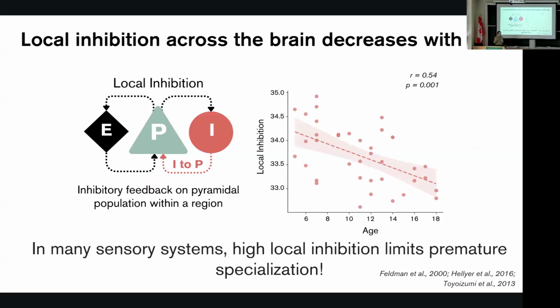We look at the local dynamics in our system as well, and we see that actually local inhibition reduces with age. And this is interesting because in many sensory systems, high local inhibition is what prevents premature specialization and lateralization. And so perhaps this already high local inhibition is preventing us from changing the laterality of the young children's system.